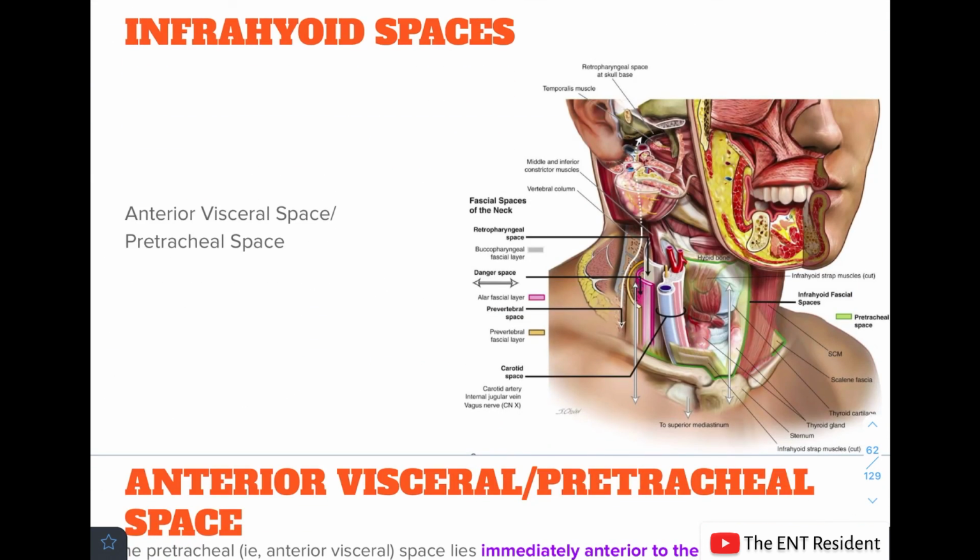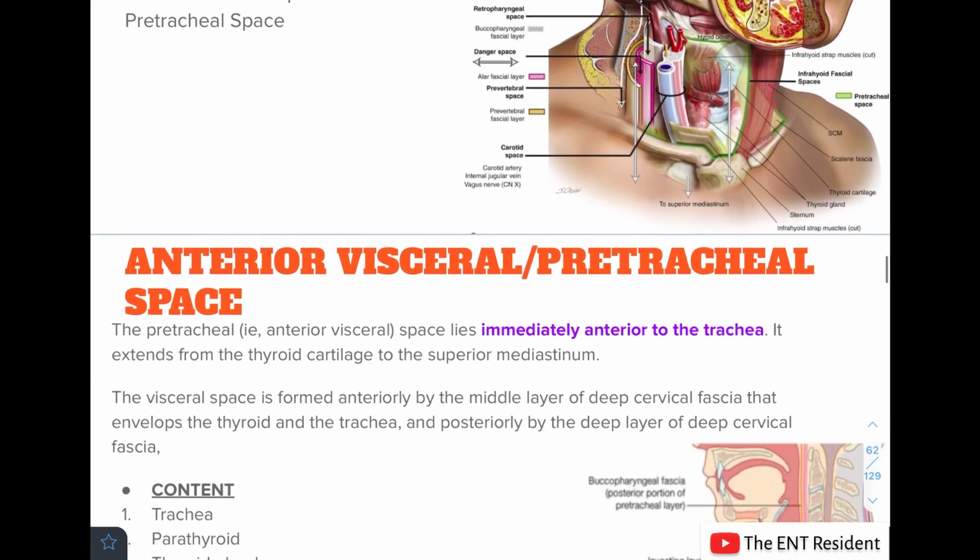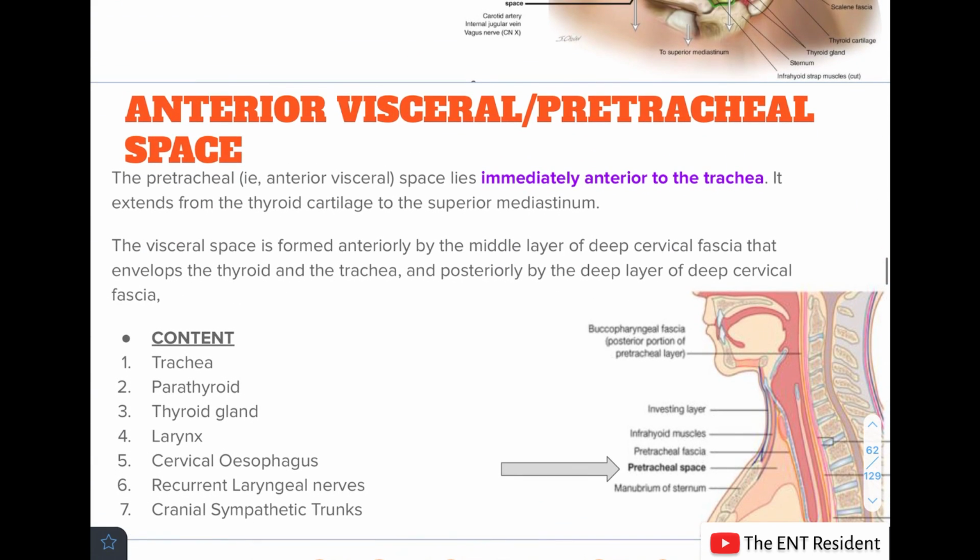Last of all is the infrahyoid space. There is only one of it, which is the anterior visceral space, also known as the pretracheal space. The anterior visceral space lies immediately anterior to the trachea, as we can already know from the name. It extends from the thyroid cartilage to the superior mediastinum.